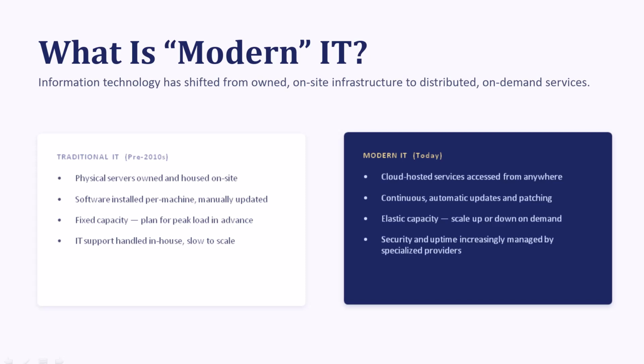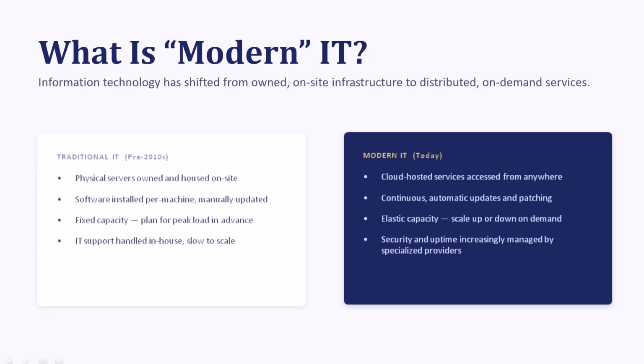Modern IT flips much of this around. Services are hosted in the cloud and accessed from anywhere with an internet connection. Updates happen automatically and continuously, often without anyone noticing. Capacity is elastic. Systems can scale up during a busy period and scale back down afterward. So you're not paying for idle hardware.